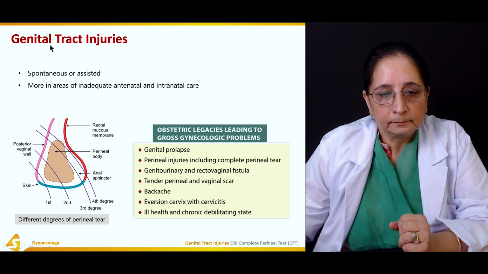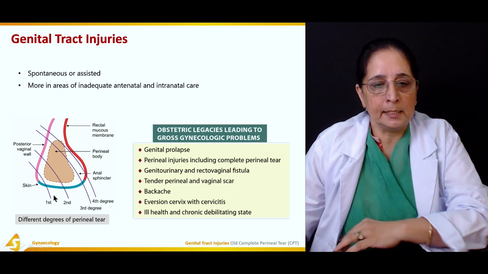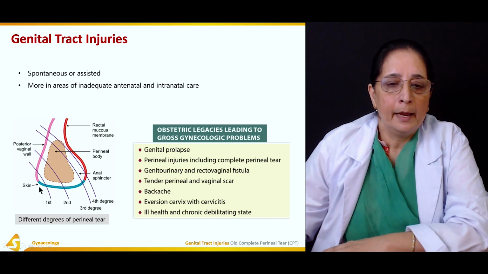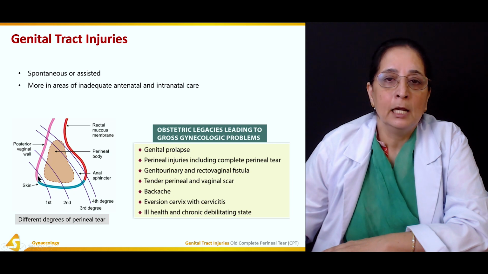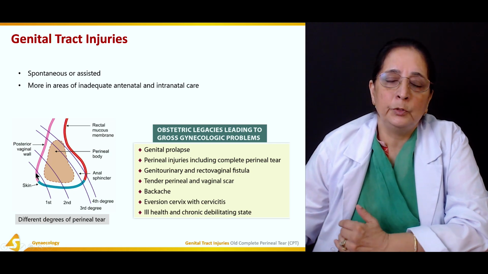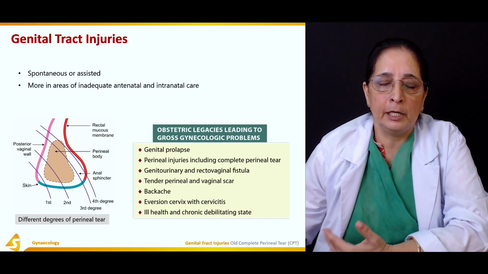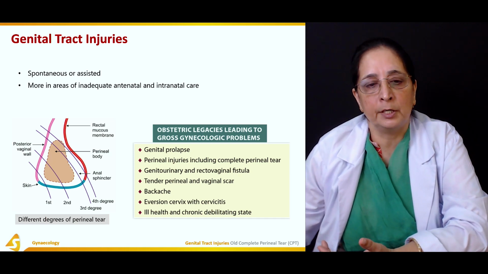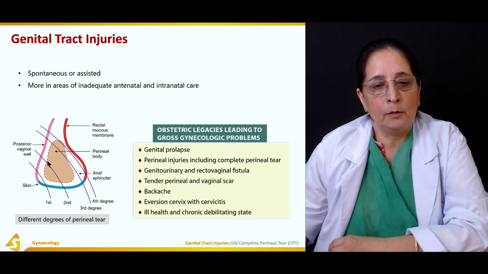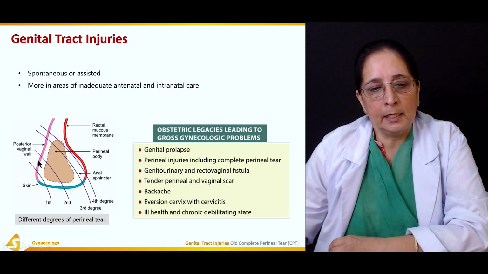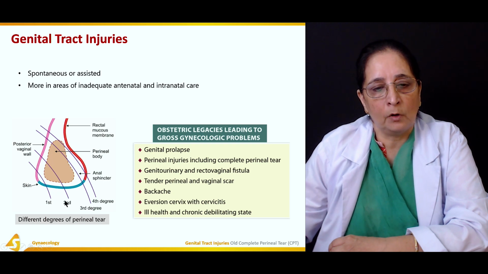In the first degree perineal tear, there is only the involvement of the skin. In this, usually no repair is required. Usually the injury or lesion heals on its own. Second degree is more, it involves the perineum and the posterior vaginal wall also.